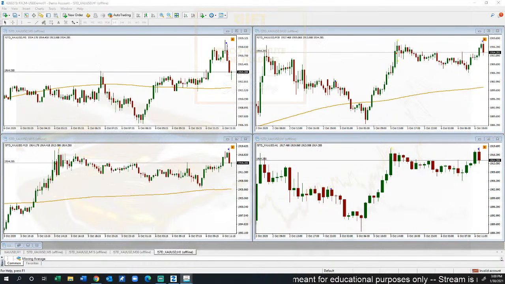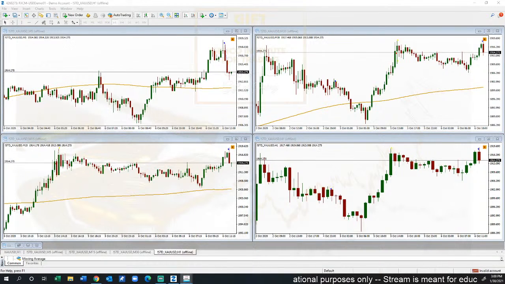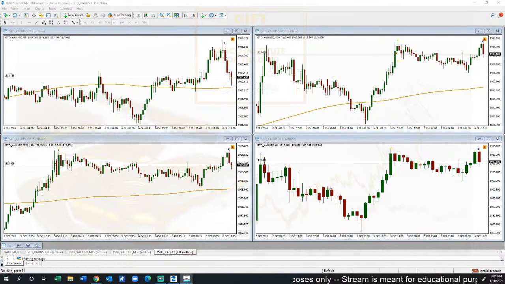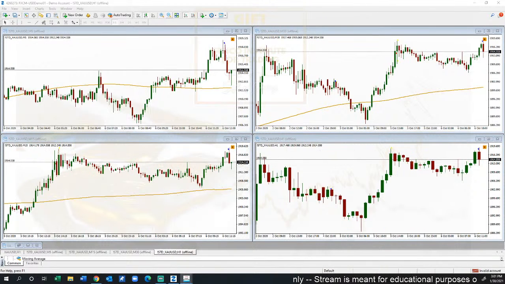It's usually how this moves around this time from what I've experienced over the past month or so. Or it could just crash. Yeah, but the other thing is, if it does break the hour low, that thing could just tank. I like that wick being formed on the 5-minute and on this 15-minute.